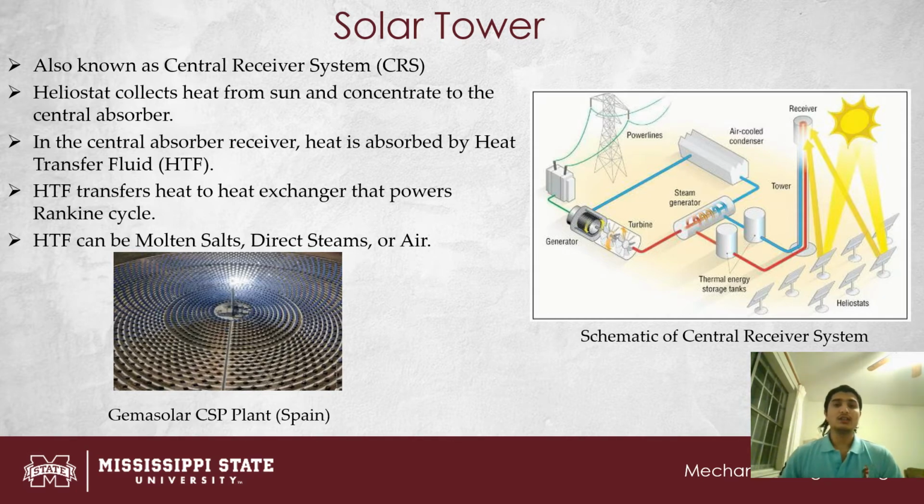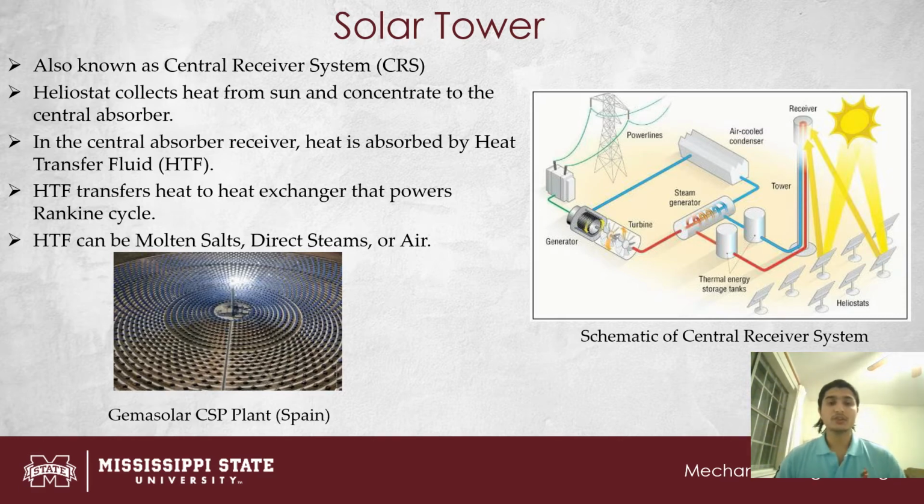The molten salt goes through the Rankine cycle and converts the heat energy into mechanical energy, which finally is converted into electrical energy. Here is a sample CSP plant in Spain.